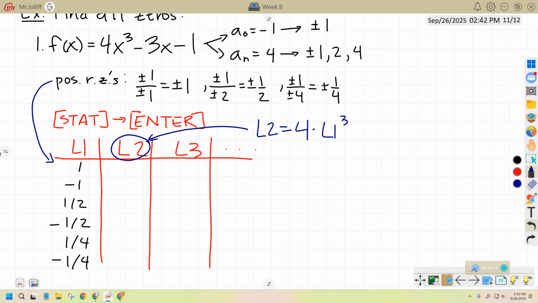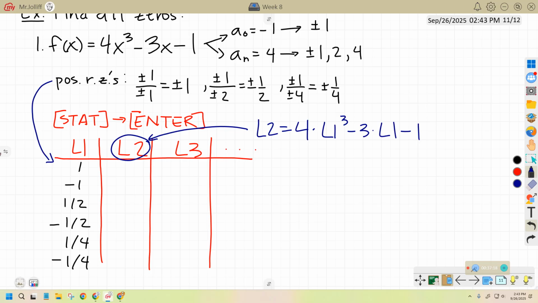Yeah, second 1 pulls up the list names. Next term is minus 3 times my x's are in list 1, minus 1. So at the bottom of your screen, you should see this basically typed in.